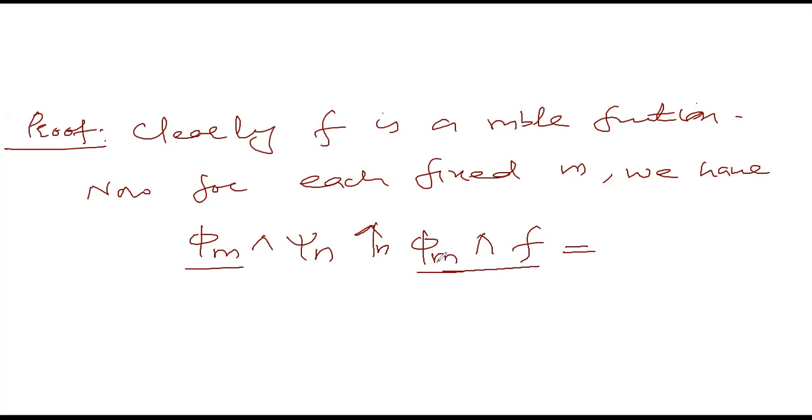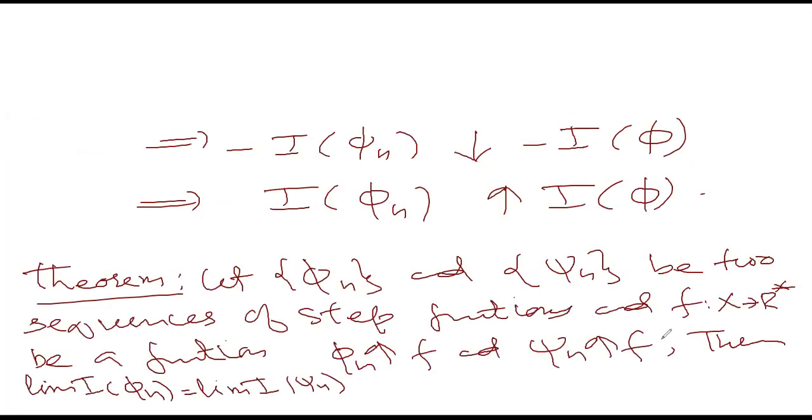Since we know that phi increases to f, phi m is always less than or equal to f. So this meet will be phi m. This limit is actually almost everywhere, as in the statement of the theorem, where the convergence is almost everywhere.